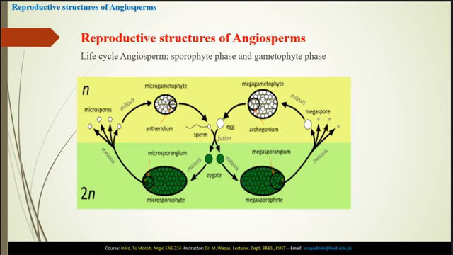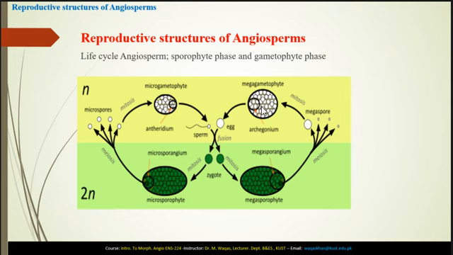Basically, the sporophyte is typically the body that we see when we look at the angiospermic tree. The cells of the sporophyte body have the full number of chromosomes, or simply we can say the diploid number of chromosomes, 2n.